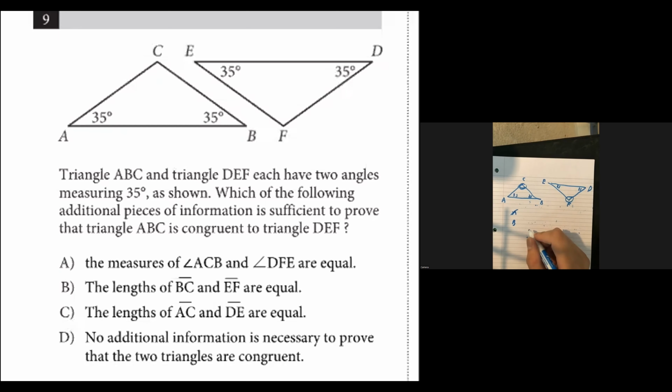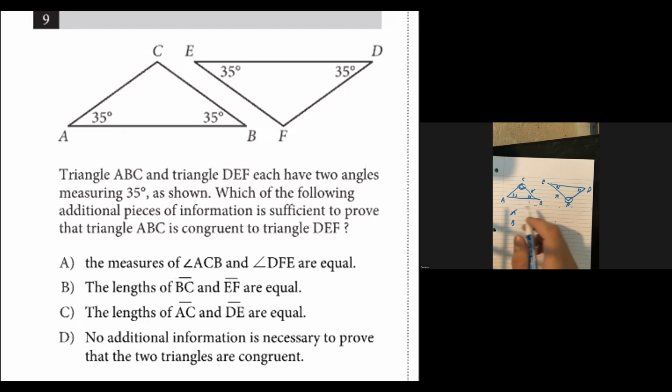B, the lengths of BC, which is this one, and EF, which is this one, are equal. So if BC and EF are equal, then that would mean that, well, let's flip this triangle.